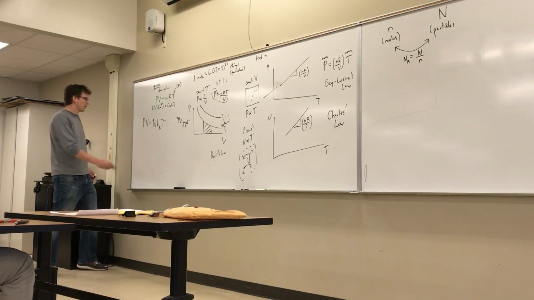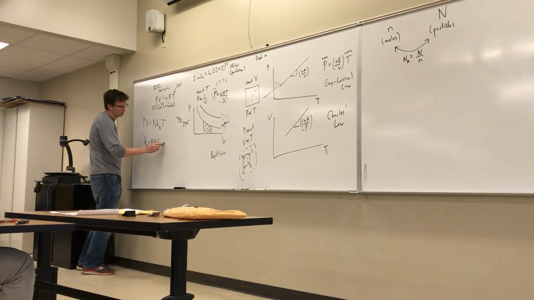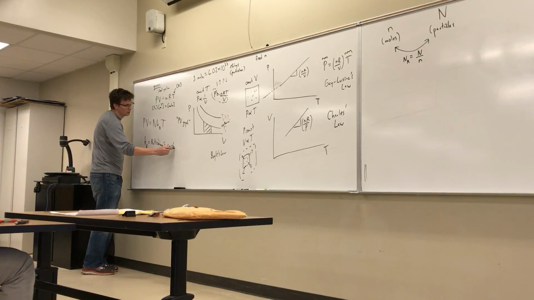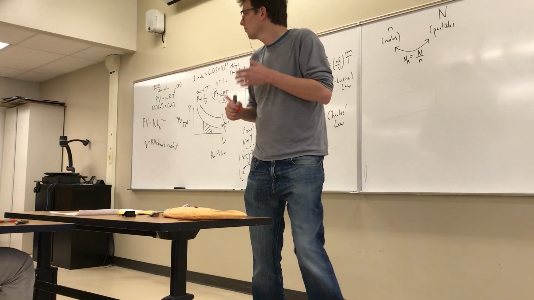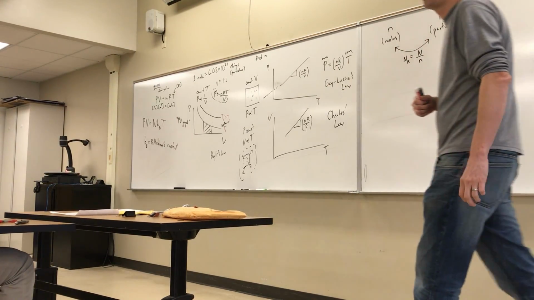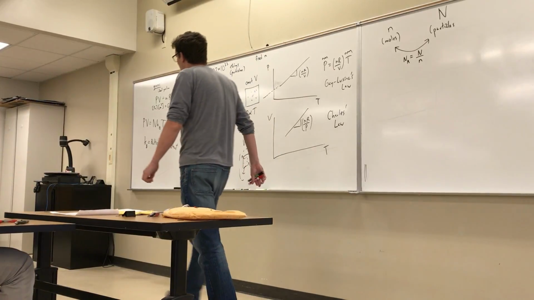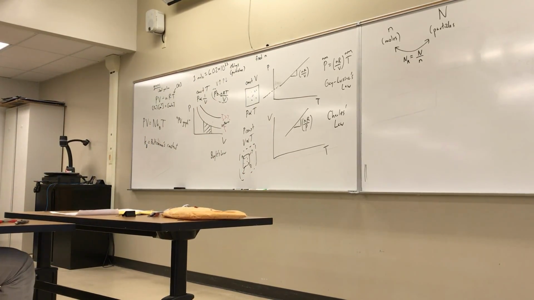This is called Boltzmann's constant. So it plays the same function, except it's when you're putting into the equation the total number of particles, not just the number of moles of particles.